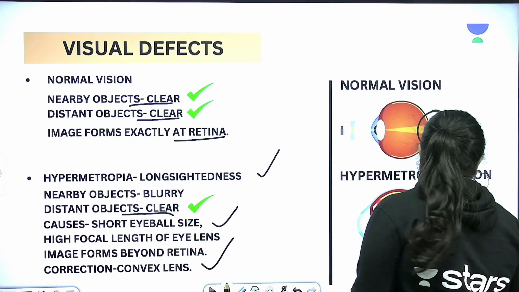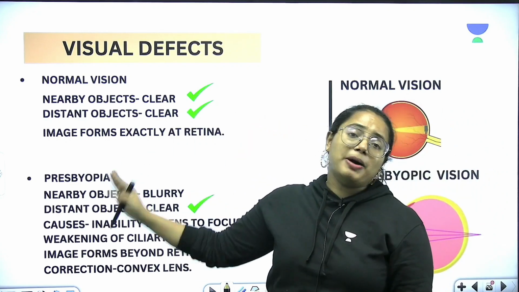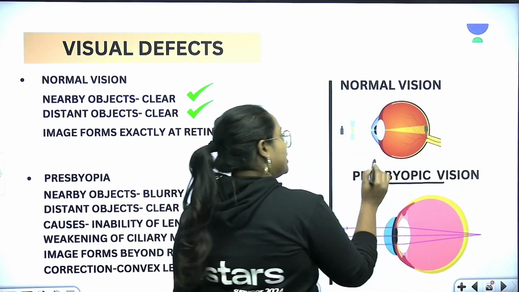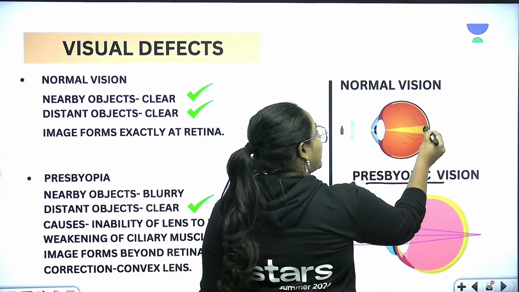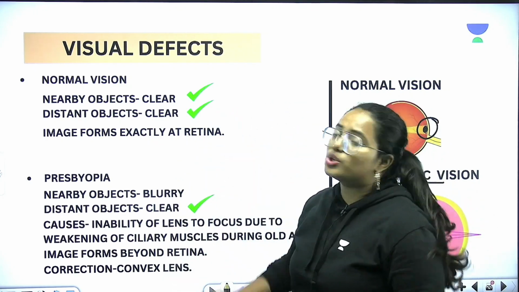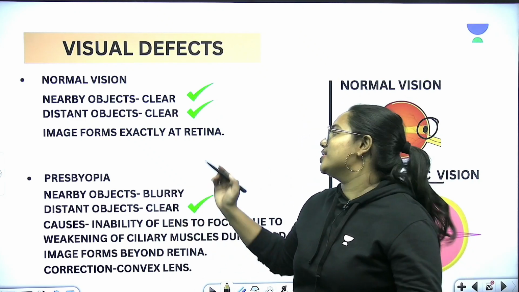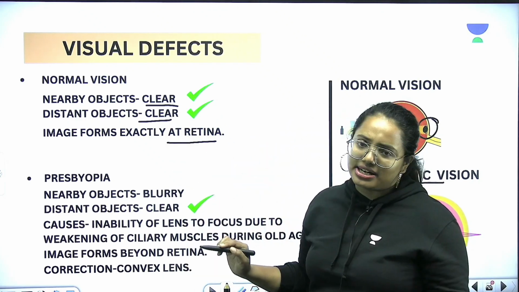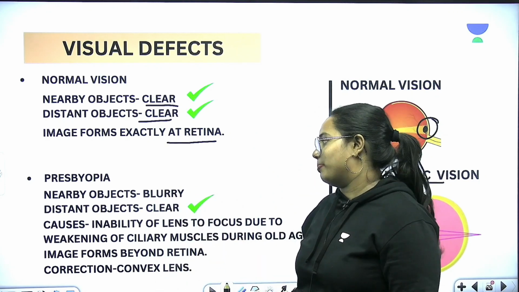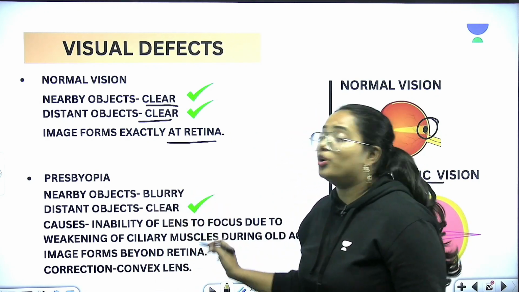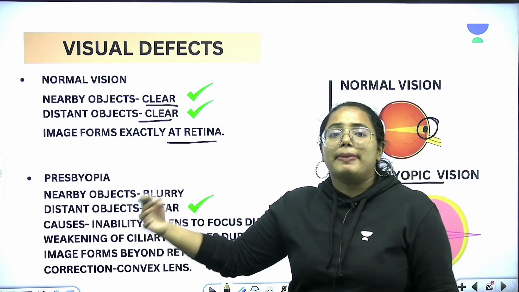And now we are moving towards the next one. Presbyopia. That's the third defect. So when you look at the normal vision, again, the image has to be formed exactly at retina. No issues with nearby objects, no issues with distant objects. Everything is so clear, right? So if the person has presbyopia, nearby objects are going to be blurry and distant objects are going to be clear, similar to hypermetropia.